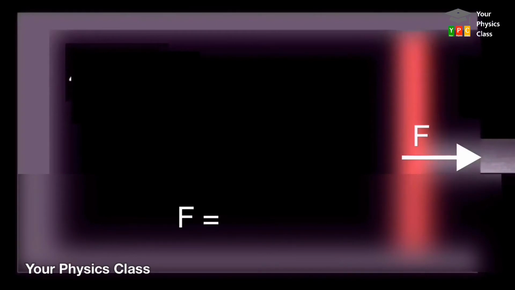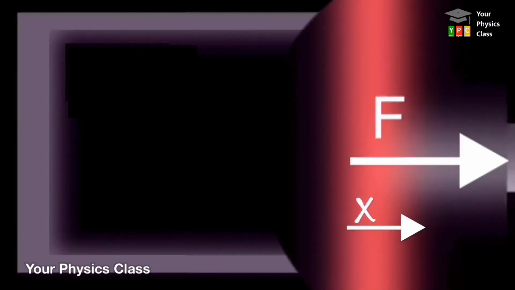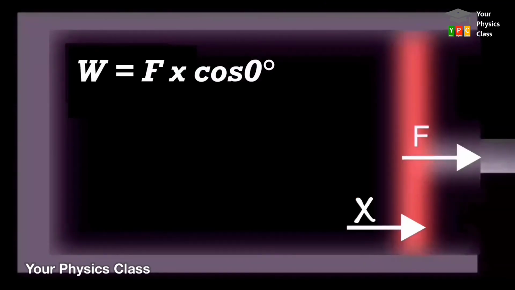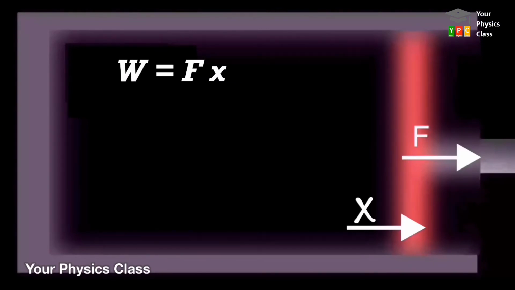The force due to this pressure acting on the piston is given by the pressure exerted by gas times the cross-sectional area of the piston. The direction of this force and the displacement of the piston are the same. Hence, positive work is done by the gas on the piston.